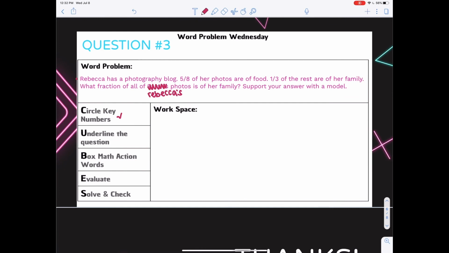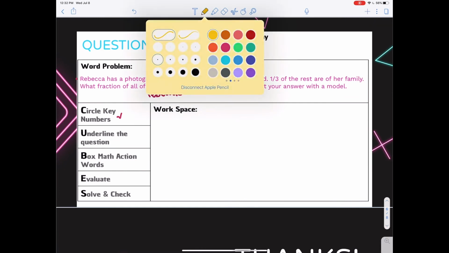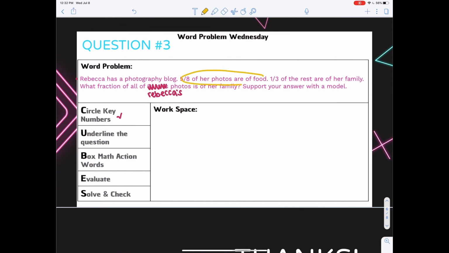So circle key numbers. 5/8 of the photos are of food. 1/3 of the rest are of her family. Underline the question. What fraction of all of Rebecca's photos is of her family? Box math action words.